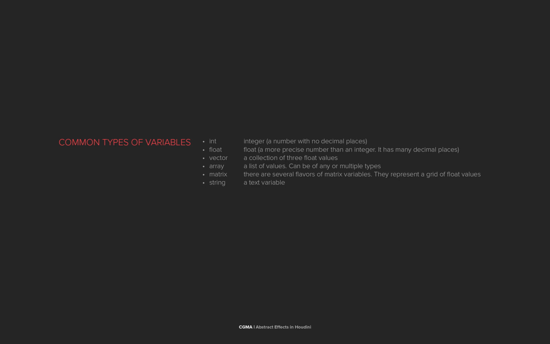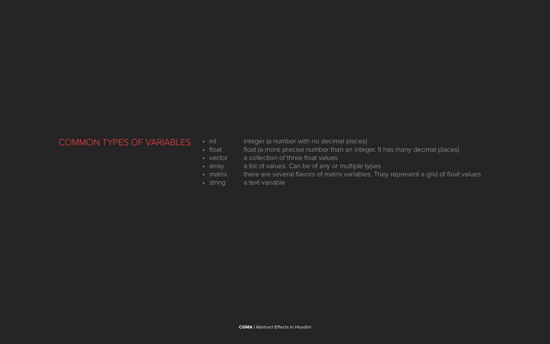On this slide, I've listed a bunch of common variable types that you'll find working in Houdini. These are certainly not all of the types of variables out there, but these are the ones that you're most commonly going to use, especially as a beginner and intermediate coder and writer of VEX.